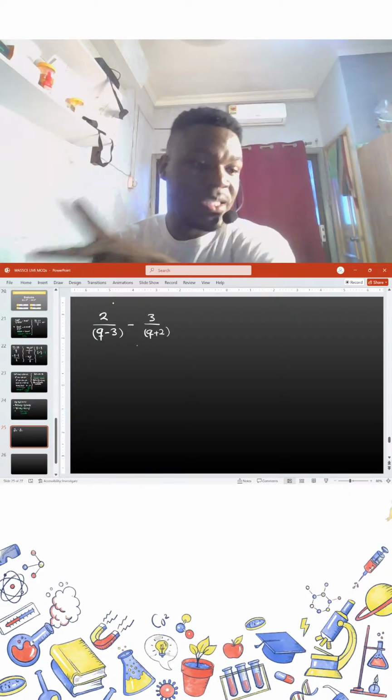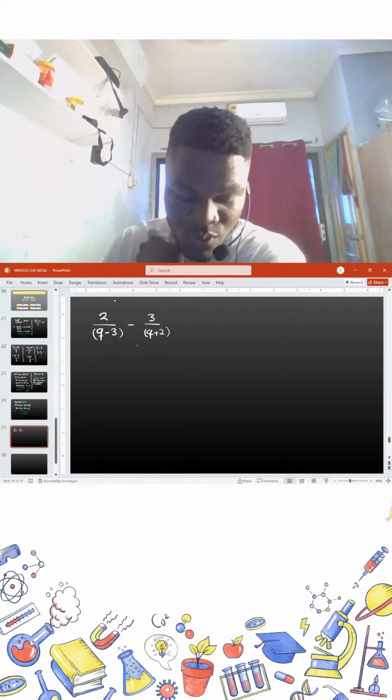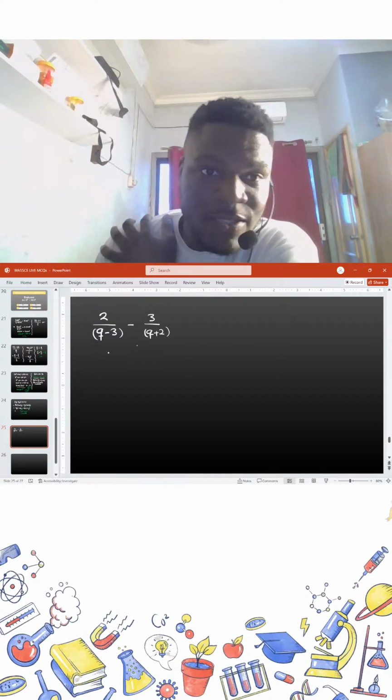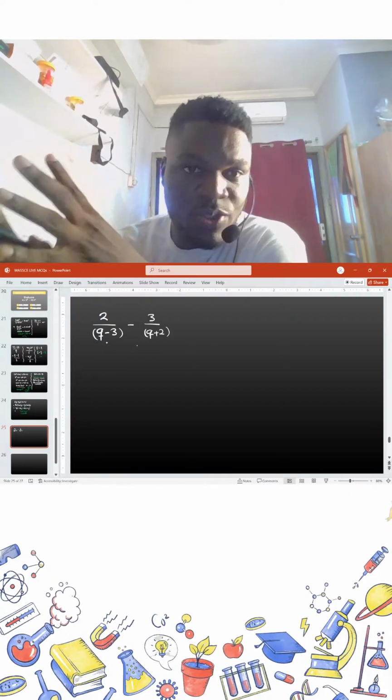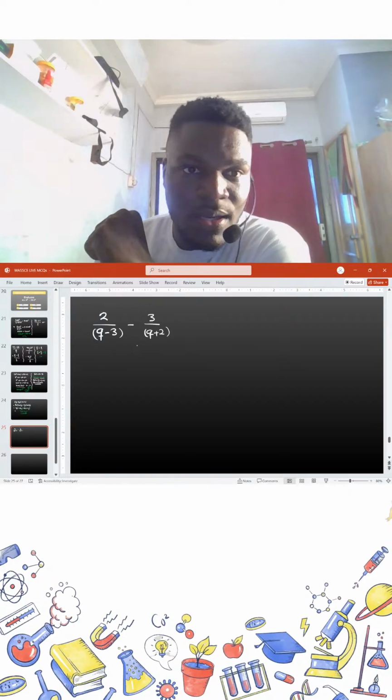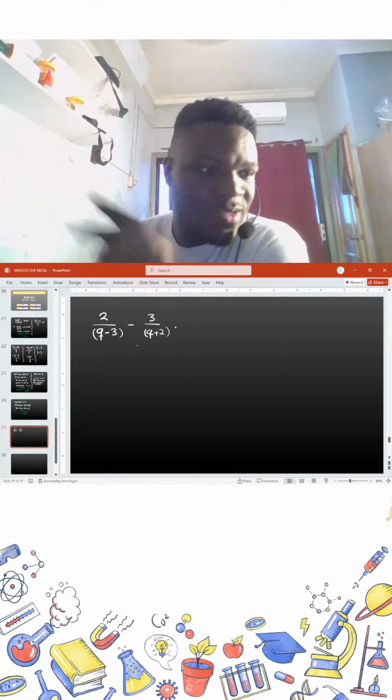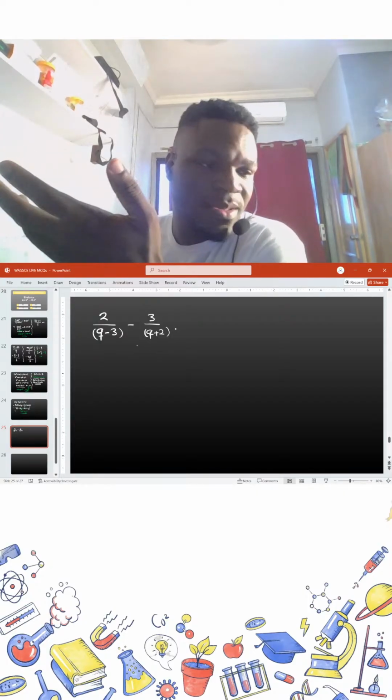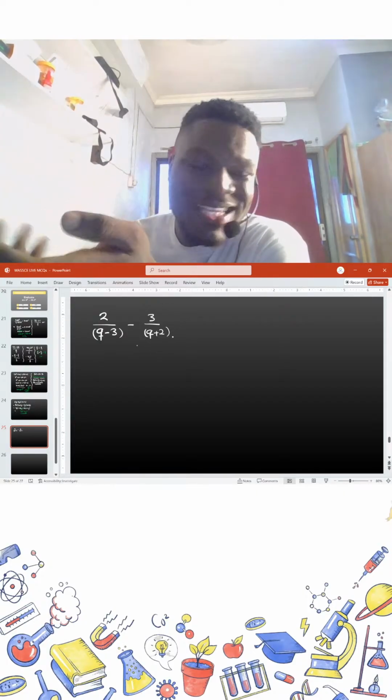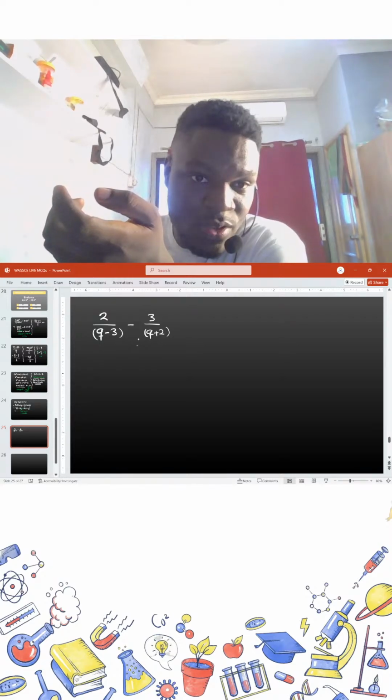This is the expression that I have, and I'm supposed to simplify. All right, so I have here two ratios, this and this. So the first thing I do is to find the LCM, the least common multiple. In this case, the LCM is the product of these two denominators.